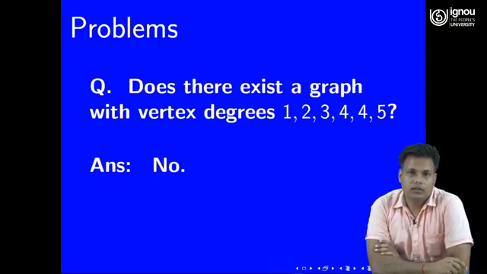So there are only 3 vertices of odd degree, but we have just seen that the number of odd vertices must be even. So there exists no such graph.